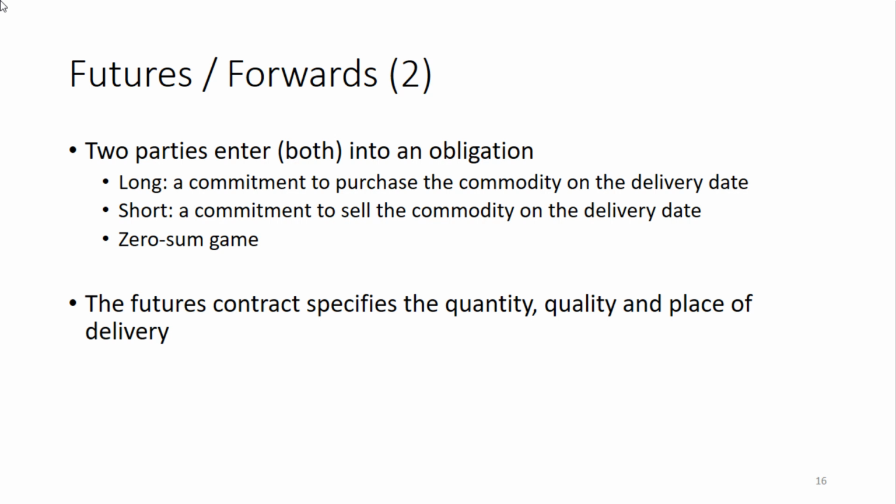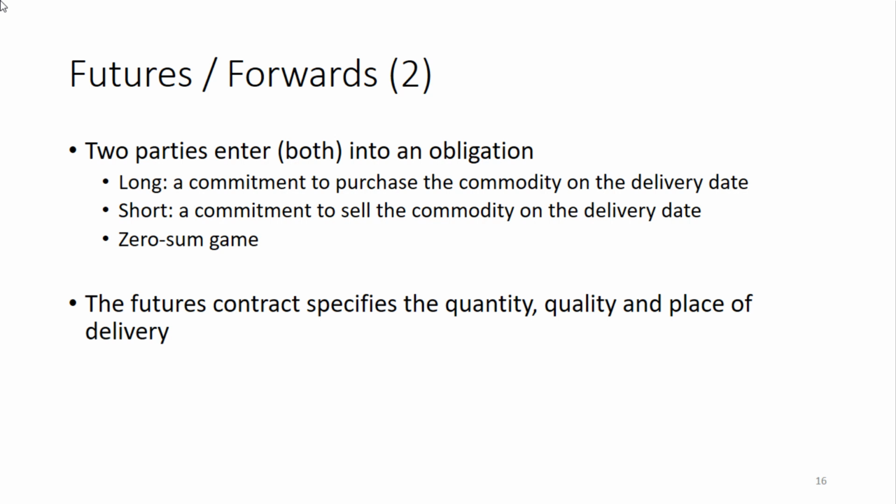Also there it's a zero-sum game, because the party that has gone long in this contract and benefits from the price increase receives 20. There is an exact opposite party to this agreement, the party that sold the contract and shorted it.